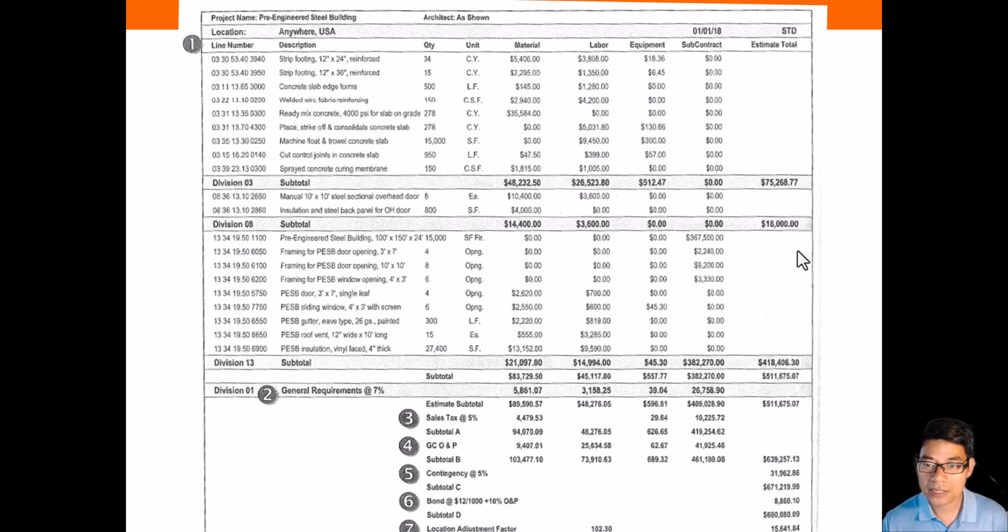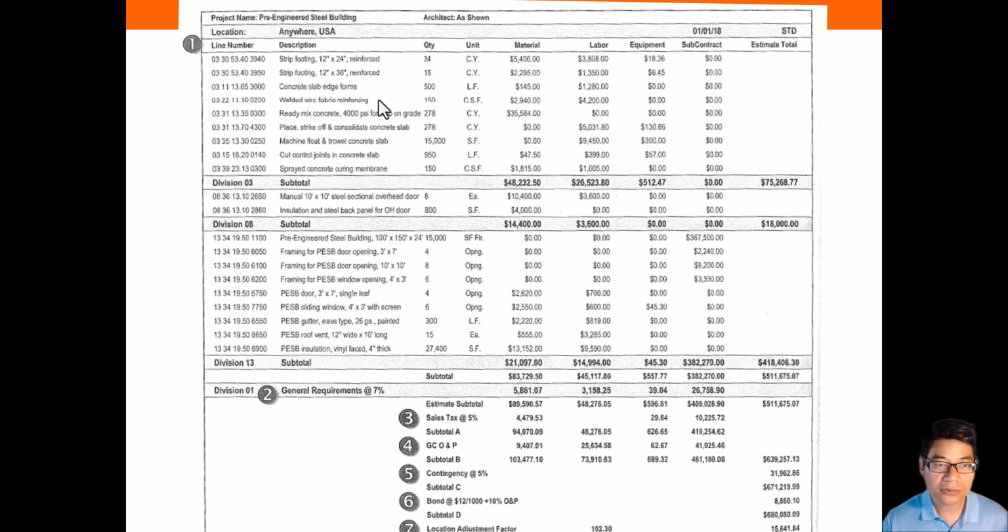And in this example, we also have a subcontract. In this area, in division 8, those are the subcontracts. Instead of having material, labor, and equipment costs for the subcontract work, we just receive the quote from subcontractors and tabulate the number into this spreadsheet.